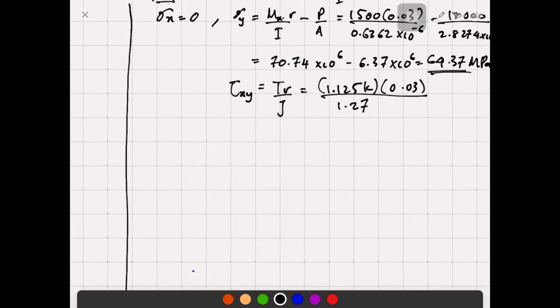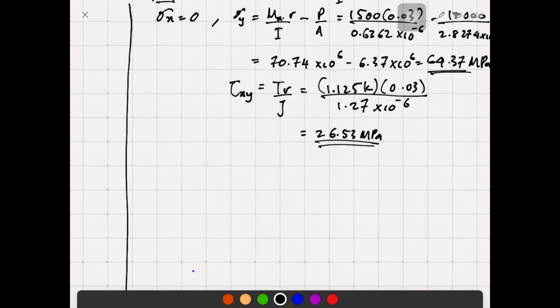Everything is in SI units, and it comes to 26.53 megapascal. This is the value of the torsion at location H.